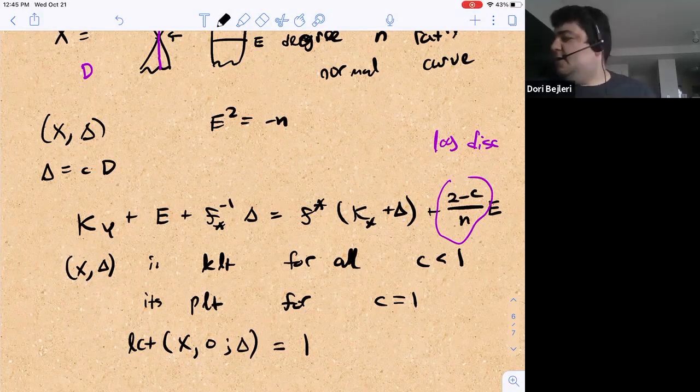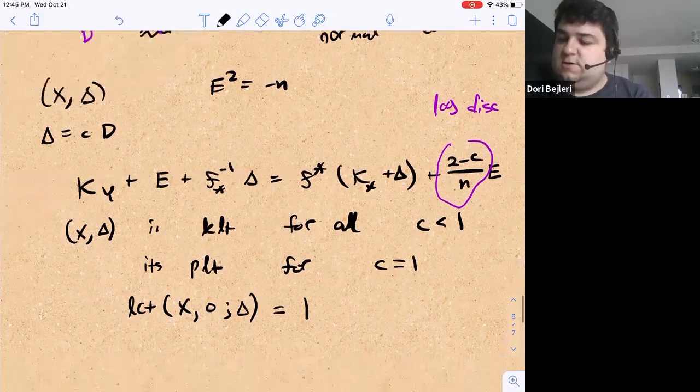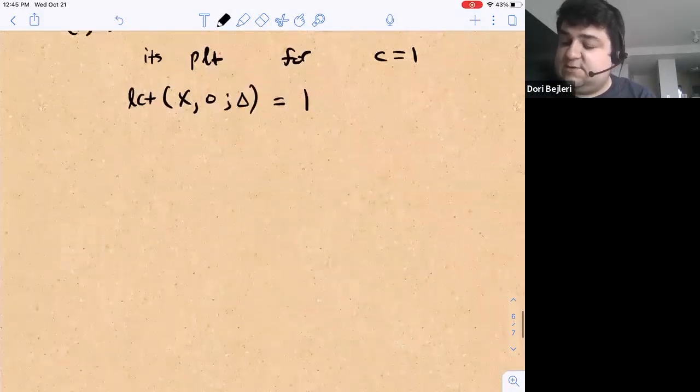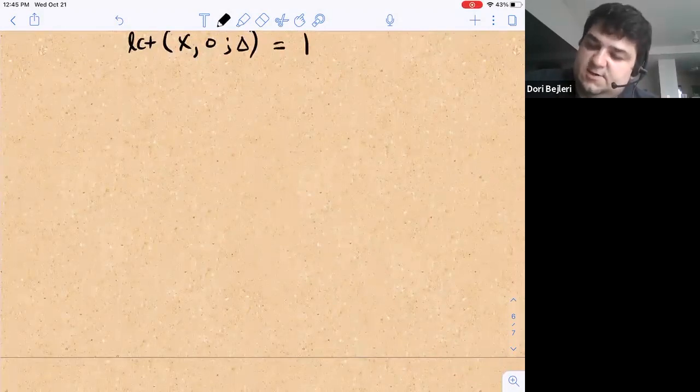Okay. Next, we're going to move on to vanishing theorems. So our next goal is to prove a sequence of stronger and stronger vanishing theorems, starting with the Kodaira vanishing theorem.